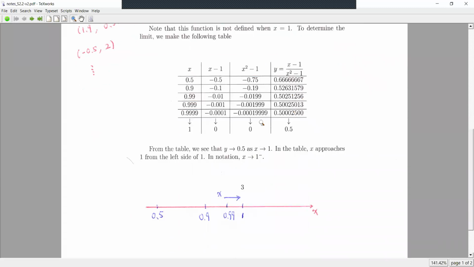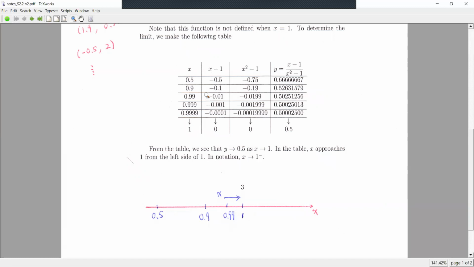In this table, I let x approach the number 1 from the left-hand side of the number 1. Here, I plot these numbers on the number line. Suppose this point is 1. 0.5 is here. It is on the left of 1. 0.9 is this point, on the left of 1. 0.99 is on the left. 0.9999 is still on the left of the number 1.